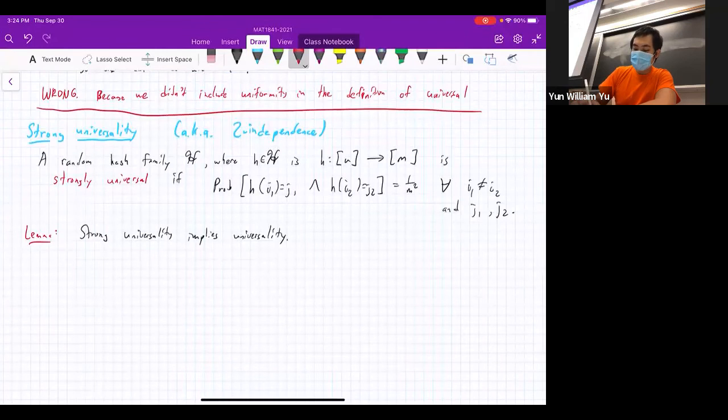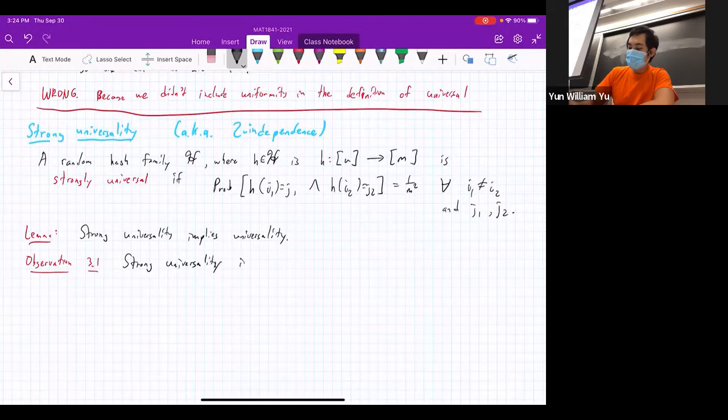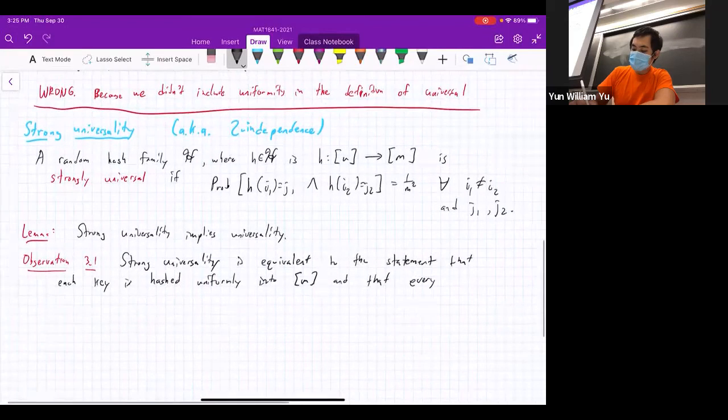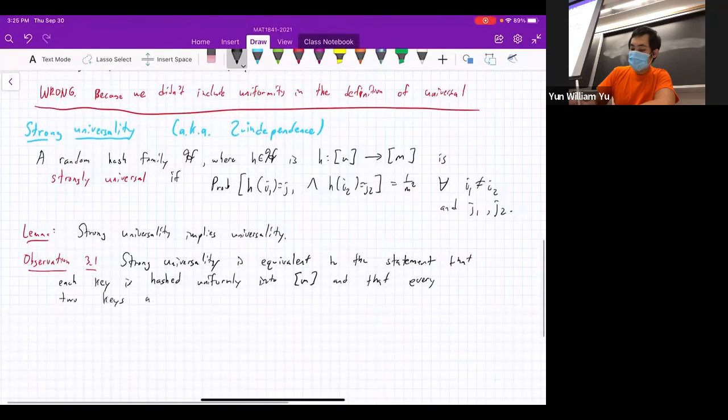Another super useful observation, and this is in the notes that I linked to you, Mikkel Thorup's PDF: strong universality is equivalent to the statement that each key is hashed uniformly into M, and that every two keys are hashed independently.